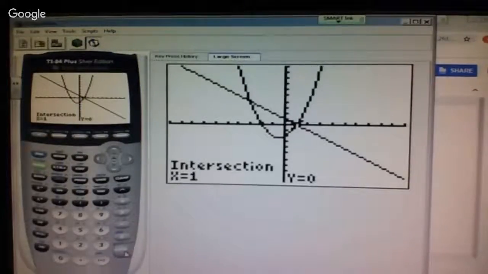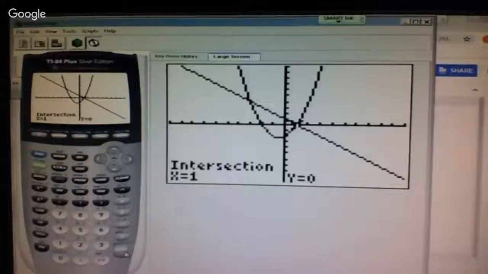Then why can't we do it on this one the same way? You can, but it asks for first curve and then second curve. It starts at your line. That's your first curve when you hit enter. Once you hit enter, it automatically jumps to your quadratic. Your quadratic's right there too, so it doesn't really move, so you don't need to move it.